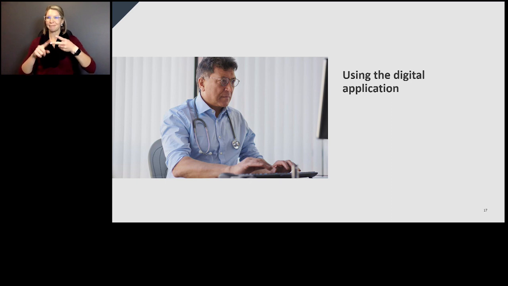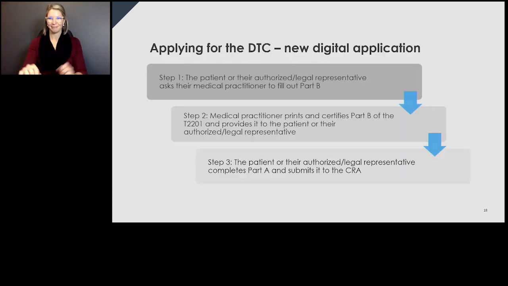Now, we will take a look at the steps for using the digital application. There are 3 steps in applying for the credit through the digital application. Step 1, the patient or their authorized legal representative asks their medical practitioner to fill out Part B of the digital T2201 via canada.ca/DTC digital application.